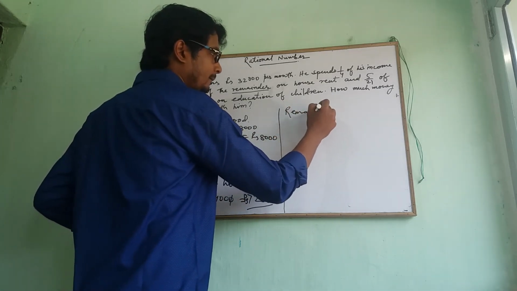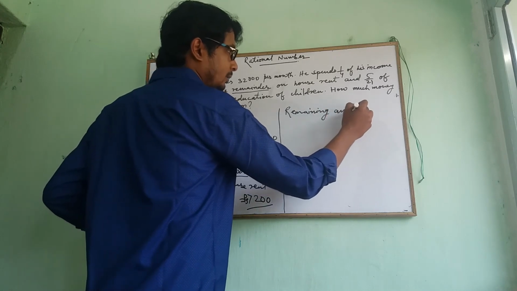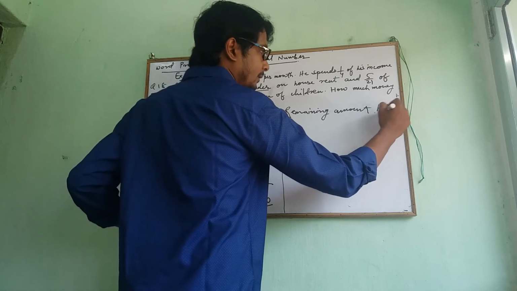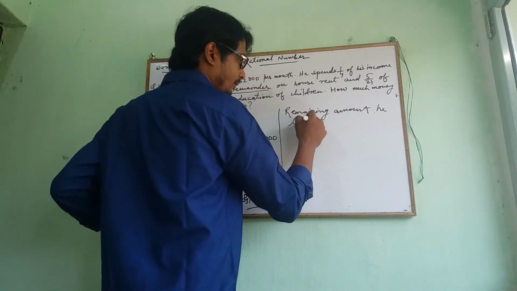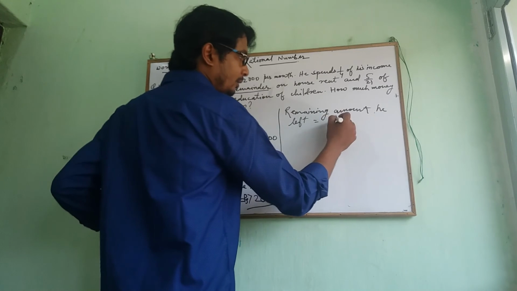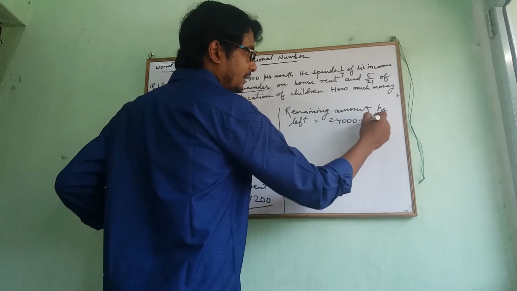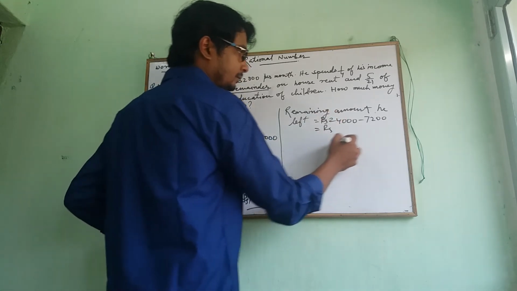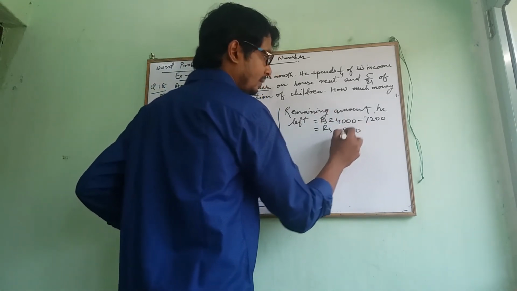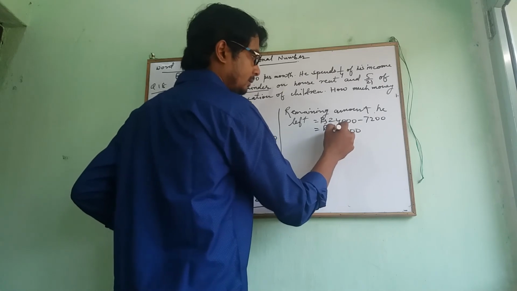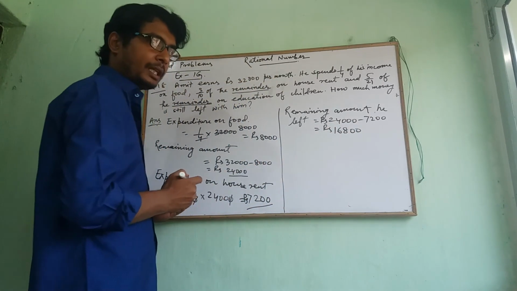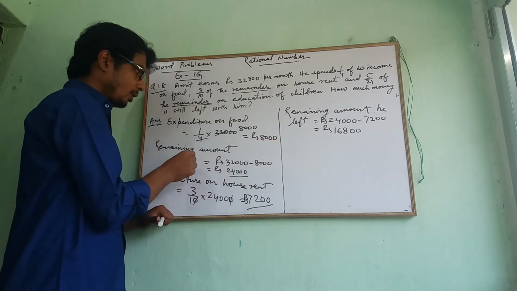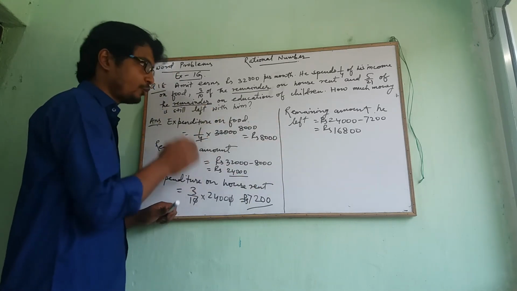The remaining amount he left is equal to 24,000 minus 7,200, that is equal to rupees 16,800. This is the remaining amount which he left after spending it on food as well as on house rent.